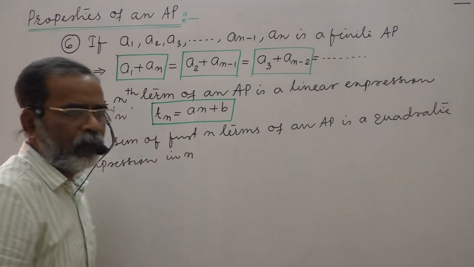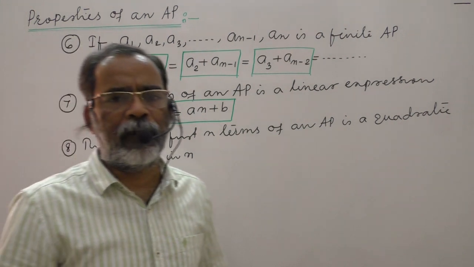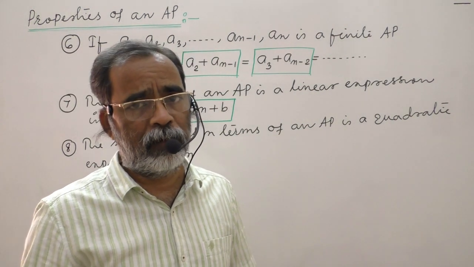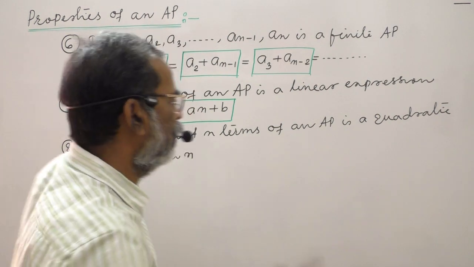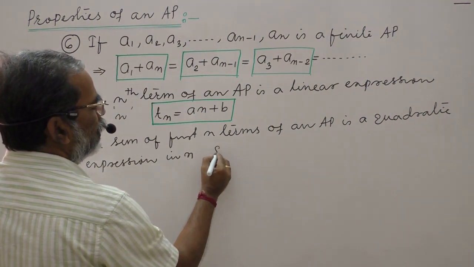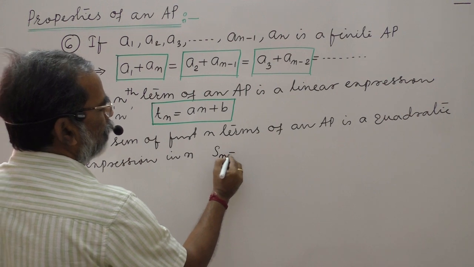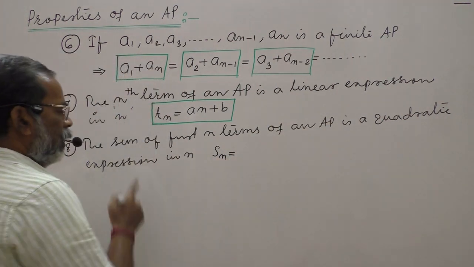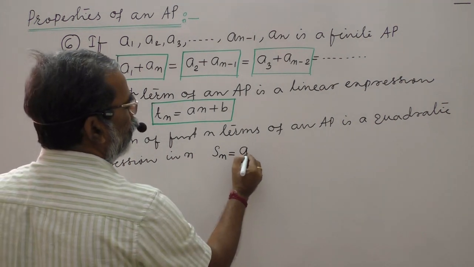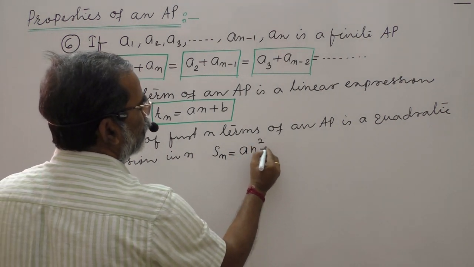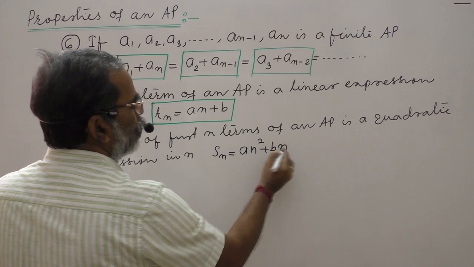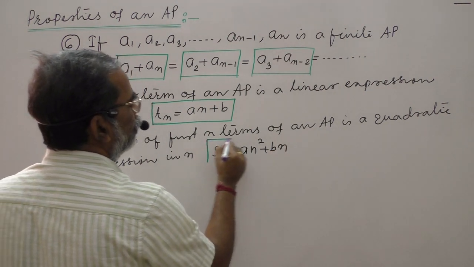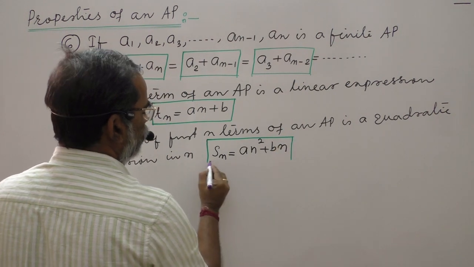What does it mean? If you find the sum of first n terms of an AP, Sn, then we have two formulas, of course. That Sn will always be a quadratic, meaning a second degree expression in n, of the form an square plus bn. So always Sn will be in this form.